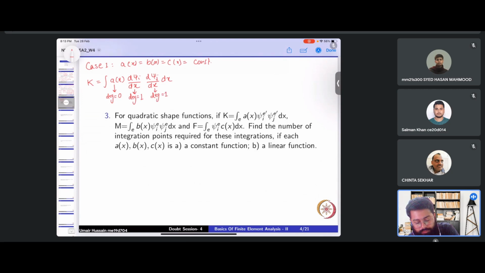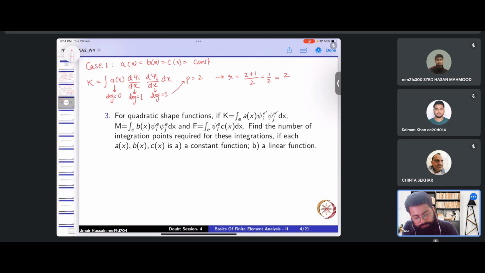So the net degree would be p equals 2. We can find r here: (2p plus 1) by 2, plus half, so we get 2. We need 2 quadrature points to accurately find this integration value.